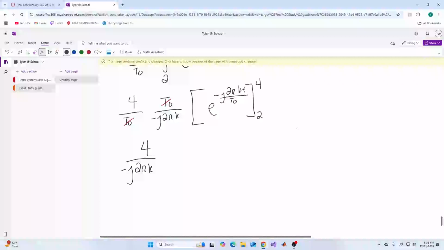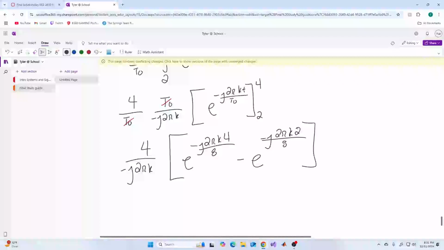So don't do that. Now I have times e to the negative j 2 pi k 4 divided by 8 minus e to the negative j 2 pi k 2 divided by 8.